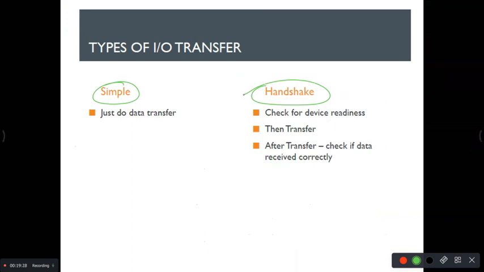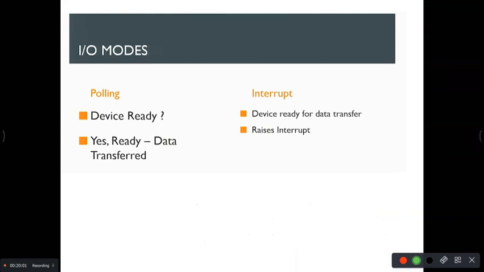That's the way a normal transfer is done even today in your network. This is nothing but roads without traffic lights, and this is roads with traffic lights. Which is better? Handshake. Okay, you understood the difference between simple data transfer and handshake.